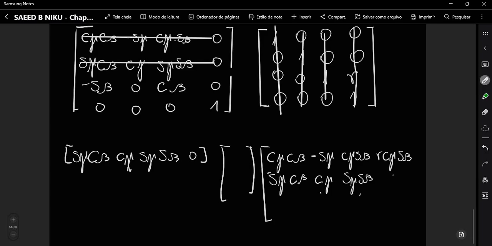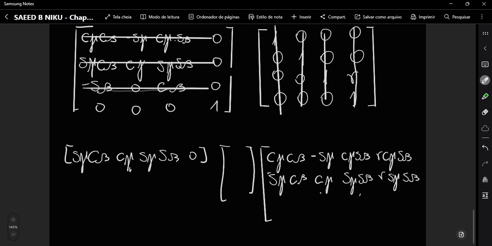And right here is r sine of gamma, sine of beta.